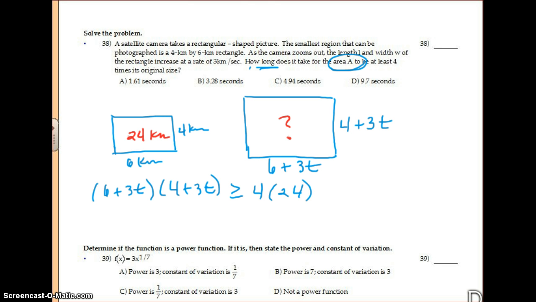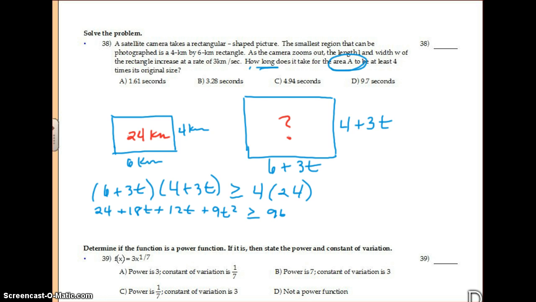I'm going to simplify that inequality. I'm going to do the FOIL method, so that's 24 plus 18t plus 12t plus 9t squared is greater than or equal to 96. And then I'm going to bring everything over to the left side and simplify.